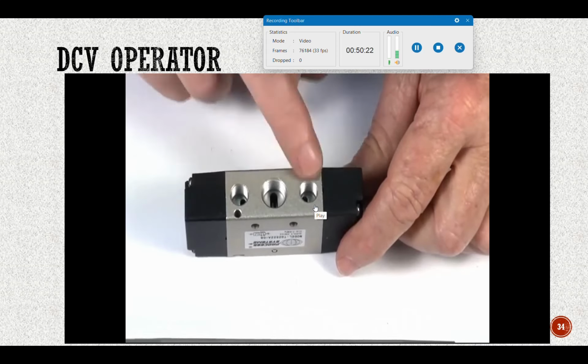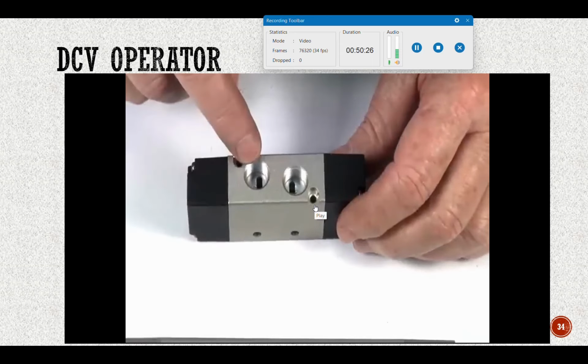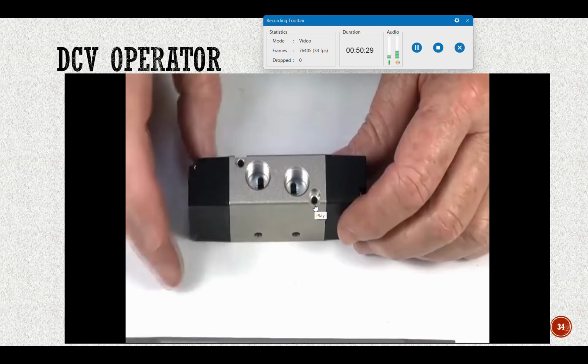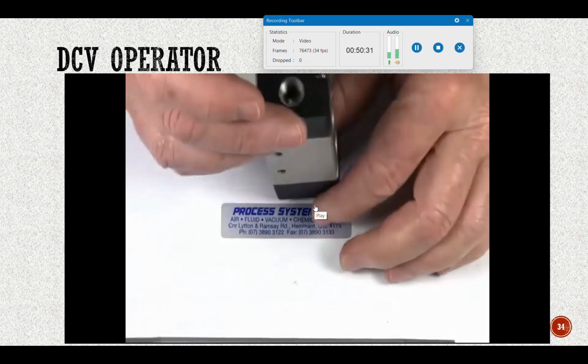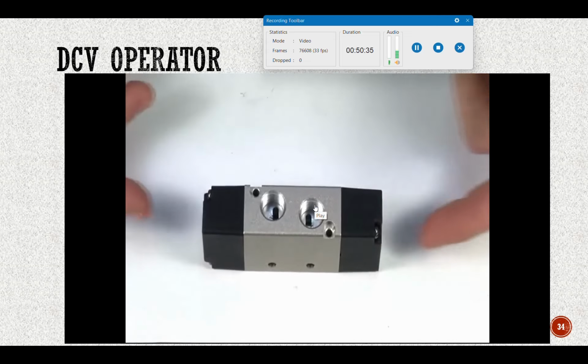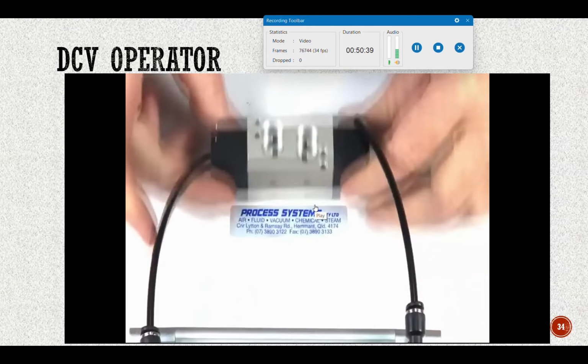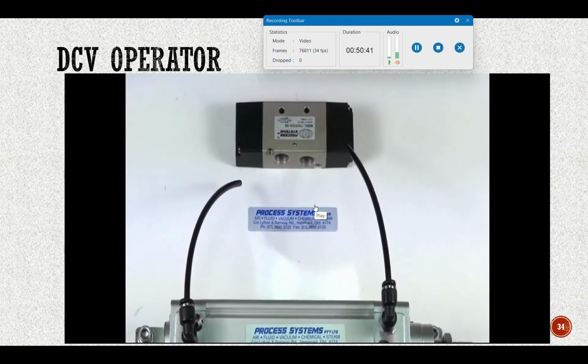The exhaust ports in this one are 1/8 BSP, with 2 outlets, the 2 pilot outlets, both in quarter, and 2 1/8 BSP pilot ends. So the valve is operated from both directions, and in this case it'll operate a double acting ram like this. We'll demonstrate that.